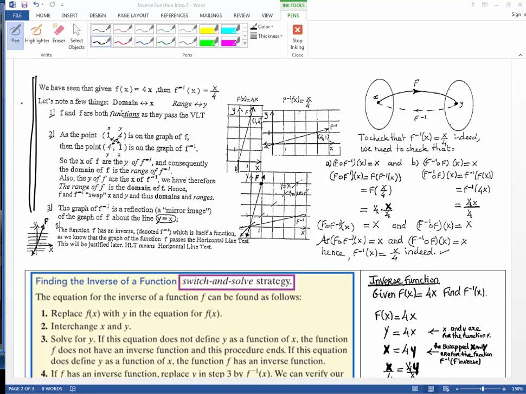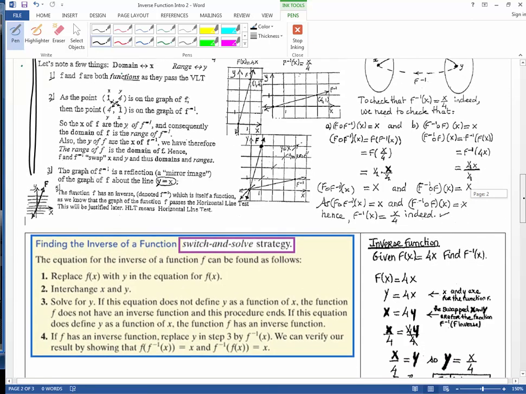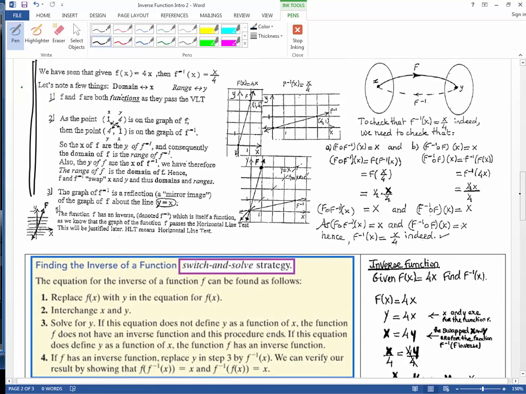I want to show you how to find the inverse of a function. And keep in mind that if you have the function f of x equal to 4x and its inverse x over 4, not only do they swap domain and range, they swap what? x's and y's, okay?